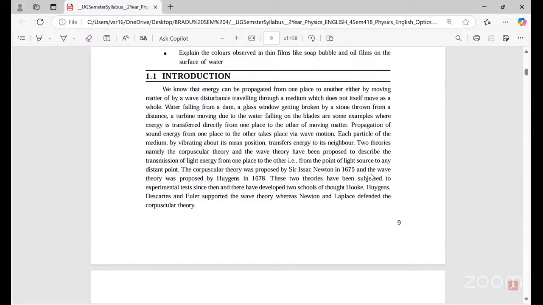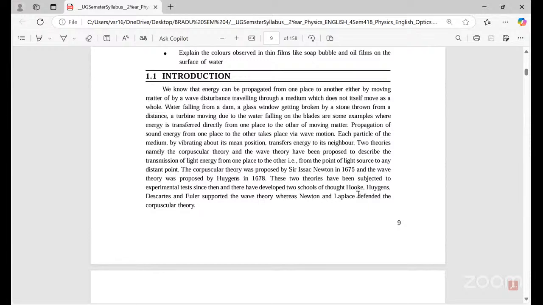The position does not change. The vibrations are perpendicular, so transverse waves are generated on the surface of the water, moving in all 360 degrees. That is the disturbance, you can say.